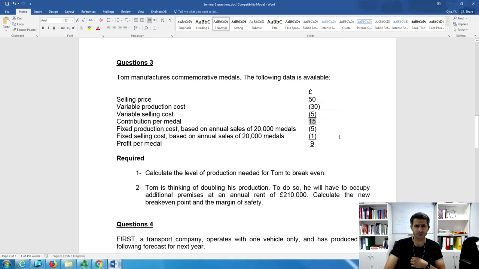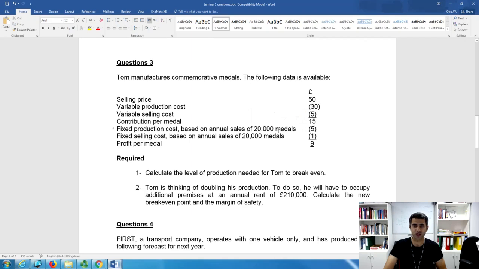Also, the question tells you that the fixed cost includes the fixed production overhead, £5 per unit, based on 20,000 medals.